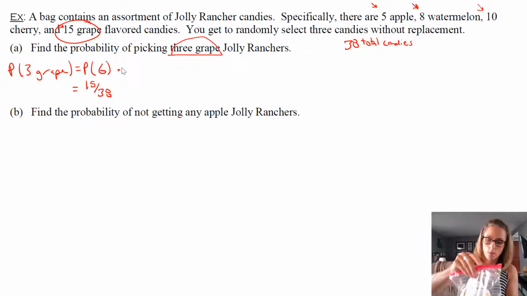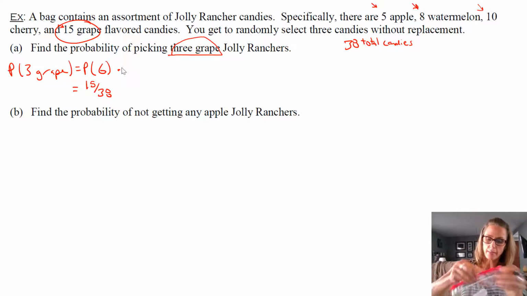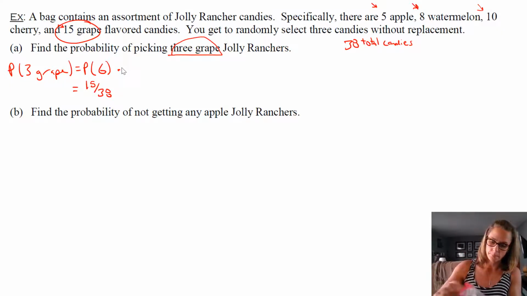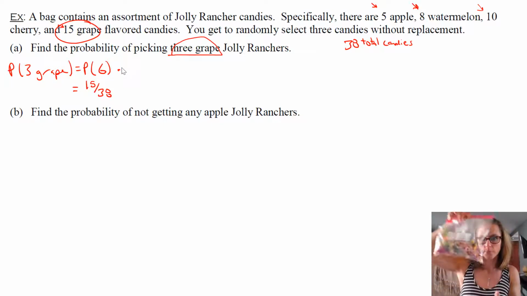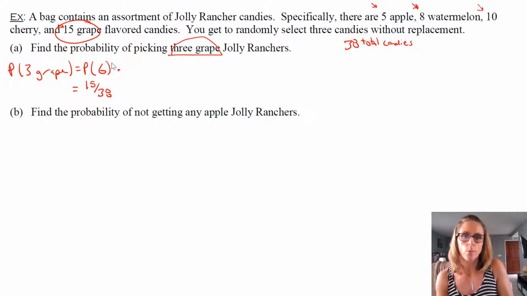So then, let's say that happens. We randomly pull out a grape. Grape's over here. Okay, so now this is what's left in our bag. Now we want the probability of pulling out a grape given that the first one was a grape.